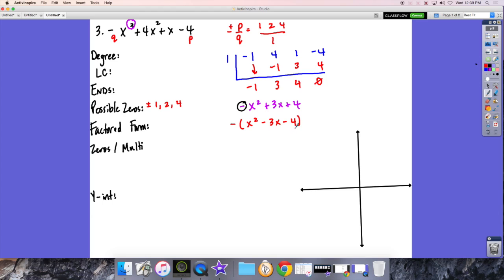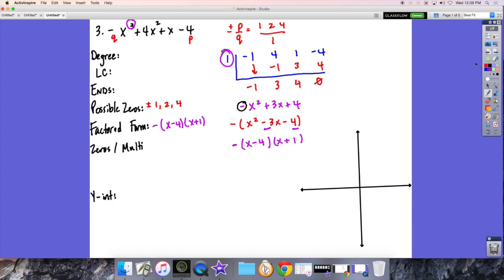Now we're going to look at what multiplies to give me negative 4 that's going to add to give me negative 3. So we'll do our normal factoring techniques. Don't forget your negative out front. So when you do that, you're going to get negative 4 and positive 1. So there's 2 of our factors. And please do not forget to continually put that negative out front when we factor.